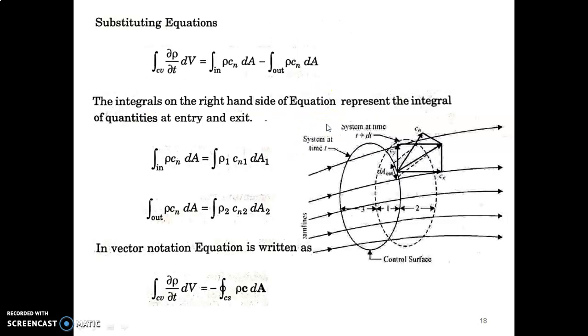If that surface integral term is 0, we can write that inflow is equal to outflow, because the integral over cs of rho c dA is actually inflow minus outflow. So if it is 0, then inflow is equal to outflow. We can write: integral in rho cn dA is equal to integral out rho cn dA.